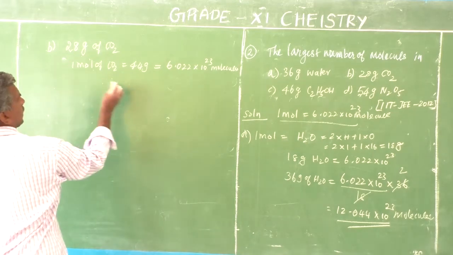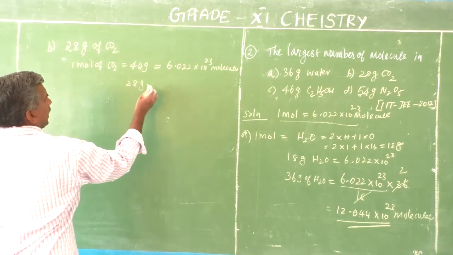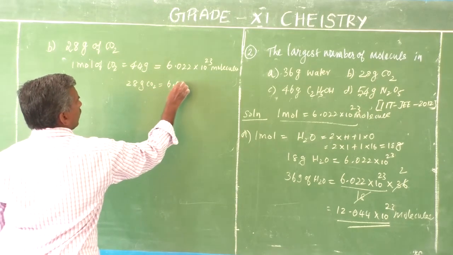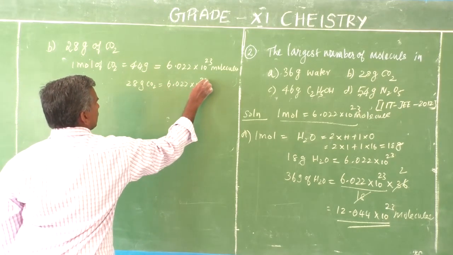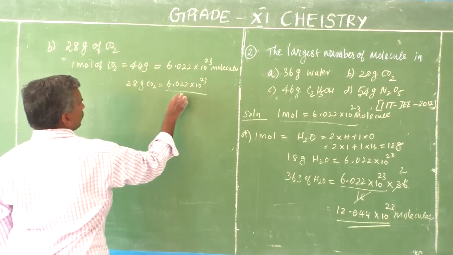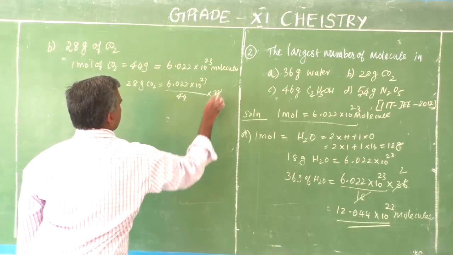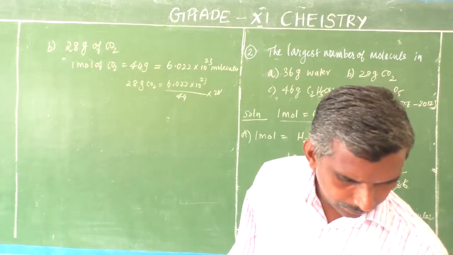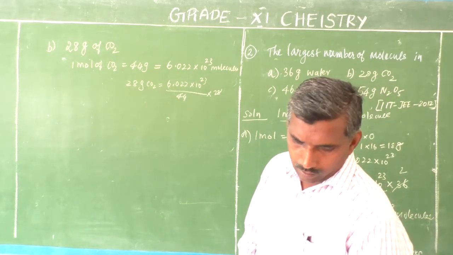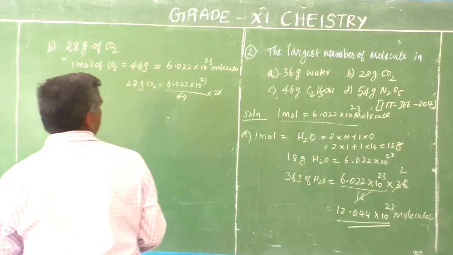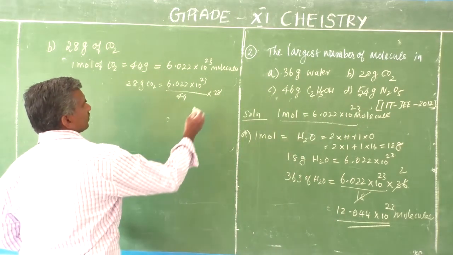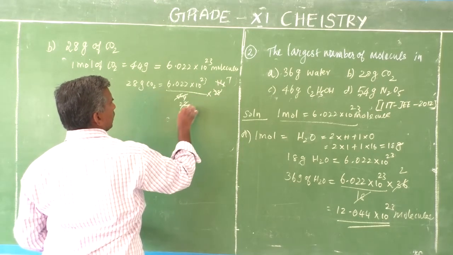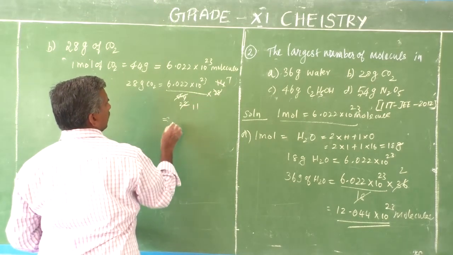Now, what about 28 gram? 28 gram of carbon dioxide is equal to 6.022 times 10 power 23 times 28 divided by 44. You solve it: 14, 22, 7, 11.